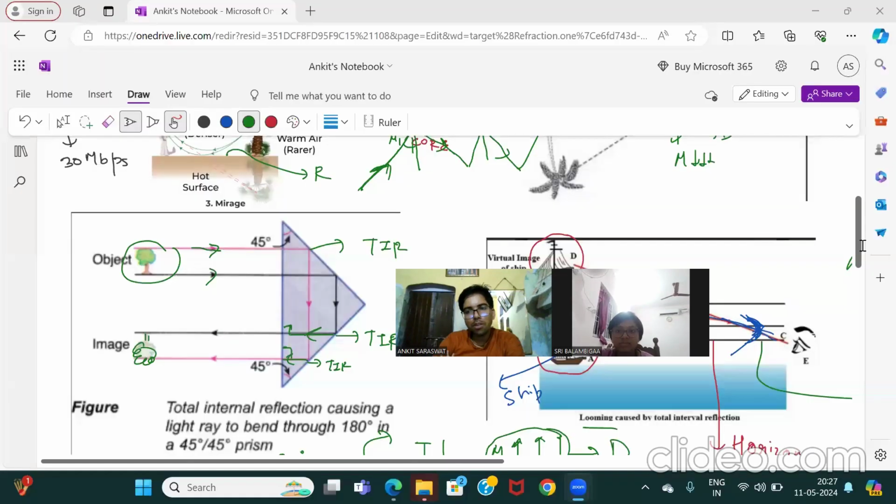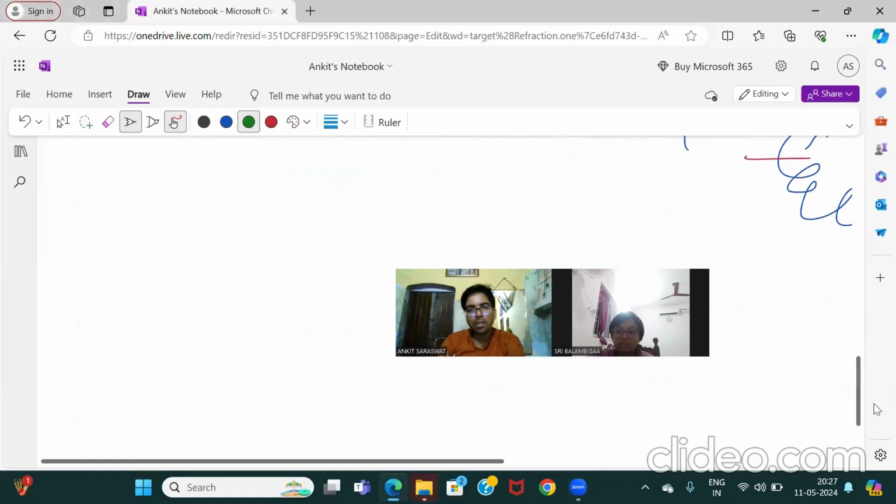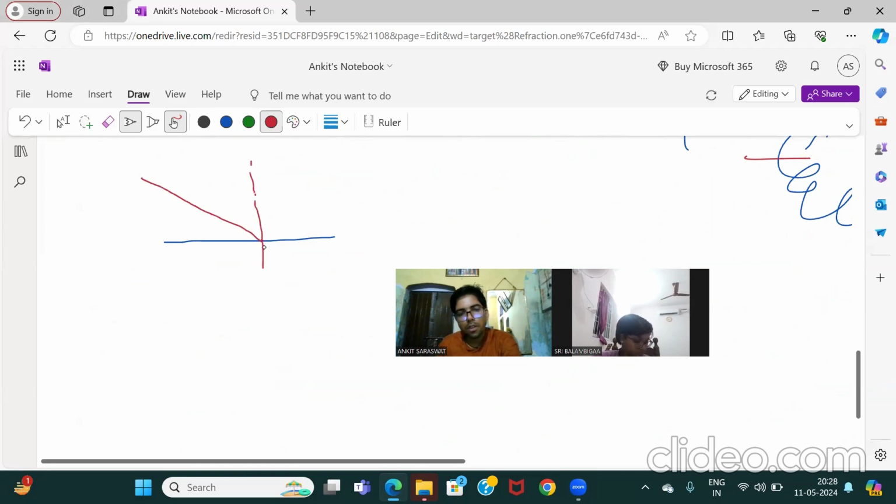Clear? Now, there is one thing I would like to explain. What is TIR and internal reflection? What is the meaning of simply internal reflection? See this very, very carefully. TIR means total internal reflection, meaning the entire light is internally reflected. But in case of simply internal reflection, see, this light is striking the surface, some portion will refract.